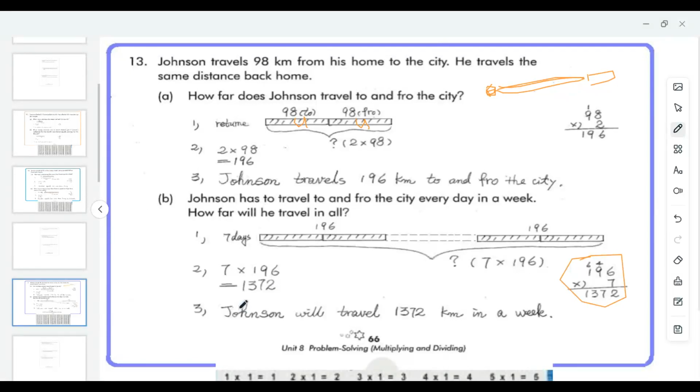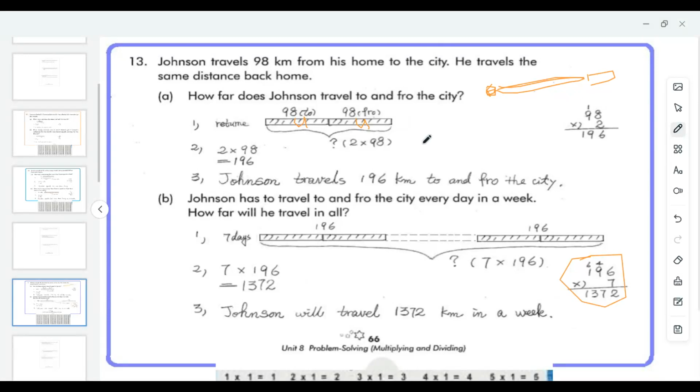Now the third step. Johnson will travel 1,372 kilometers in a week. Okay? Is it clear? First, we try to find out in a day, 1 day, how many kilometers he travels.